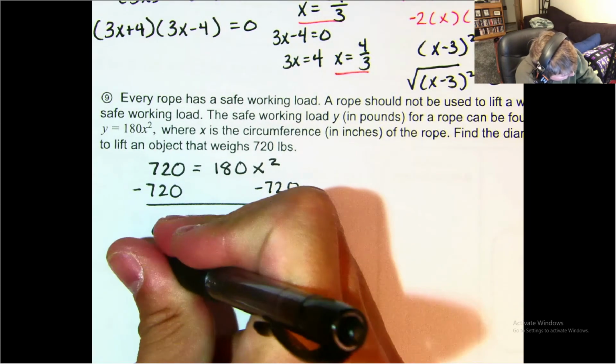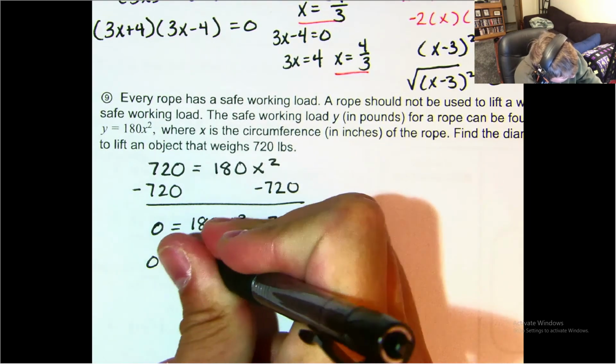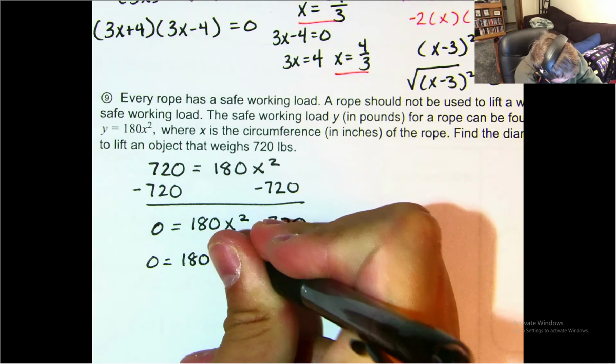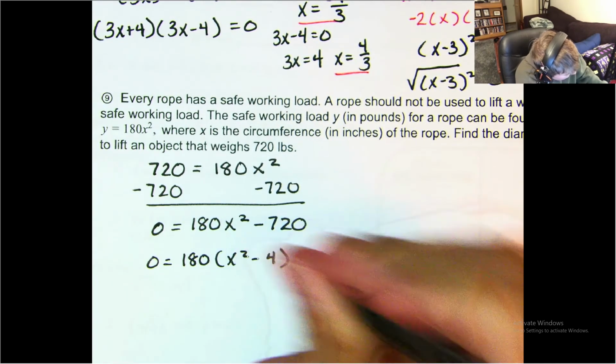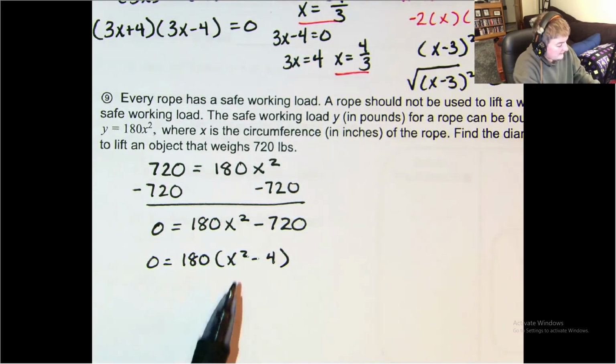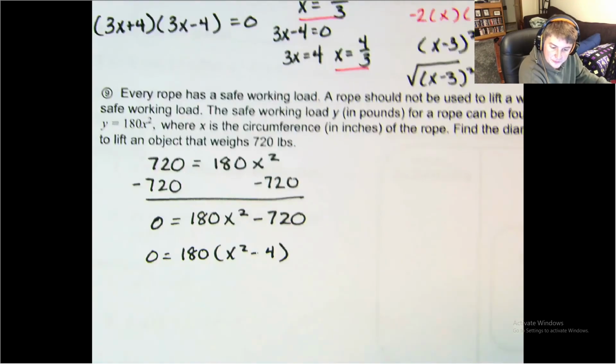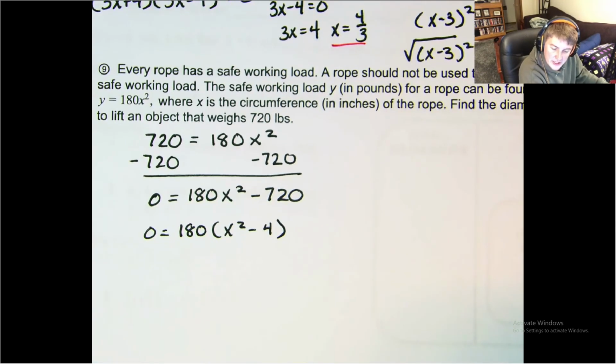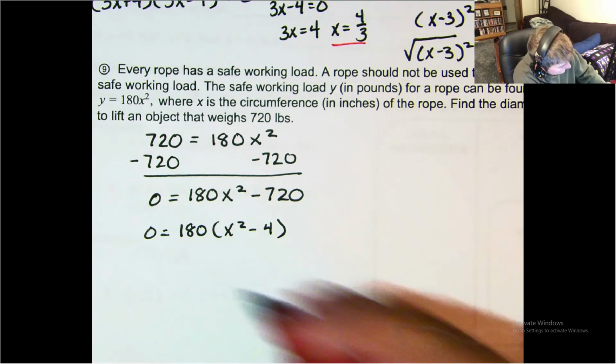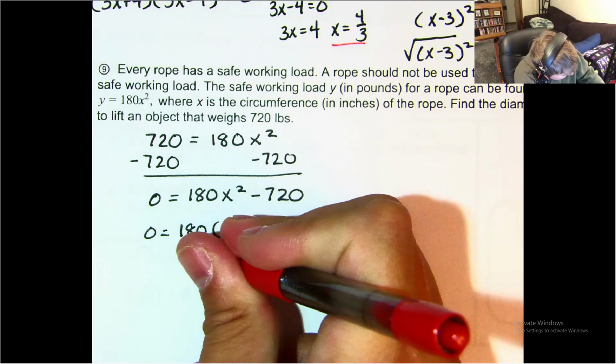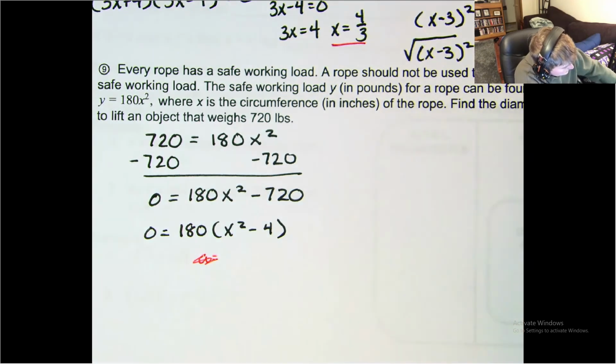So you could do a little bit of a trial run here. x squared minus 4. And so then I want to factor this part here. I'm identifying my first term as a perfect square. Actually, these ones I tend to do like this.